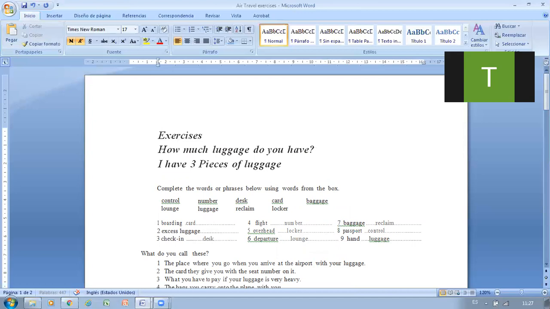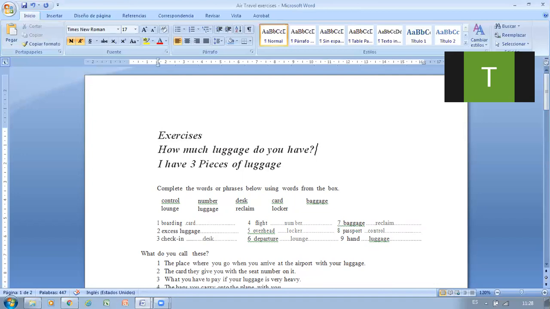And I think it is the same in Spanish, because you don't say cuántos equipajes, you say cuánto equipaje. ¿Ya? Pero si tú quieres hacerlo contable, tienes que usar la palabra pieces, lo mismo que haces con el pan o con la torta. ¿Ya? O con cualquier cosa que es no contable.